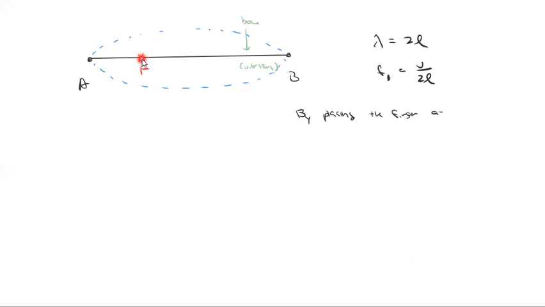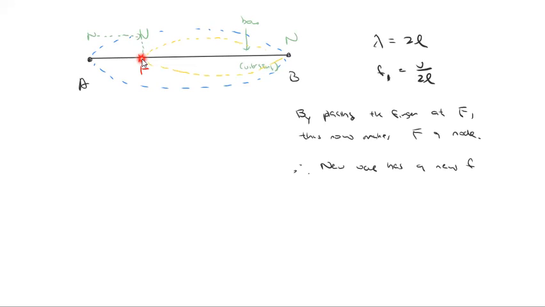So if we put a finger at capital F, this now makes F a node. So in other words, instead of the node being where it was at A and B, this node has been shifted to here, which now means your new wave, so therefore the old wave can no longer exist. Therefore, the new wave has a new fundamental frequency.